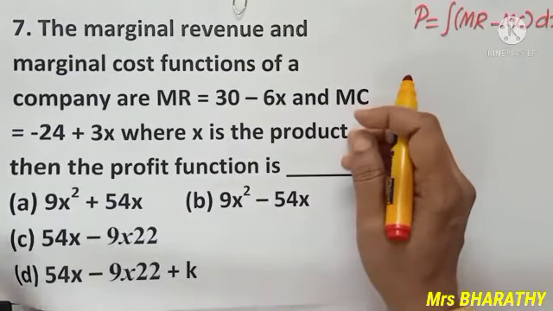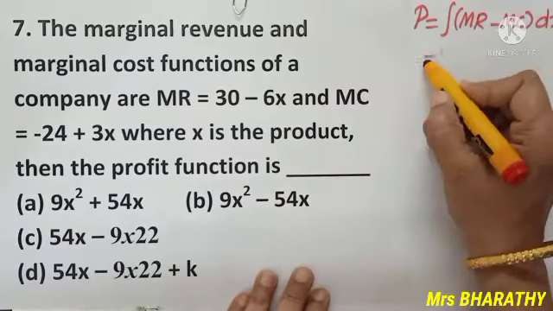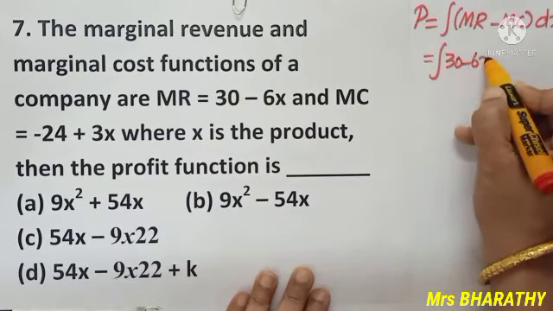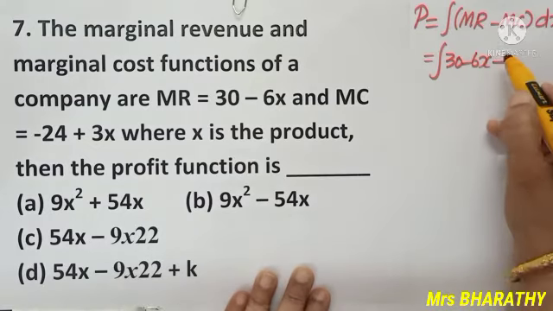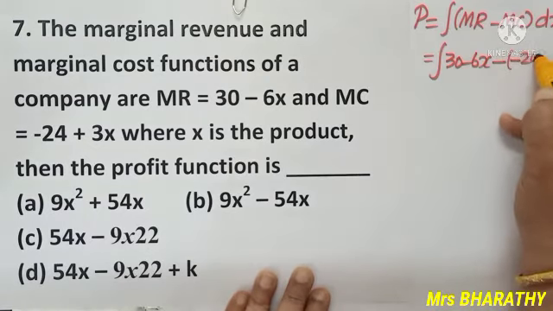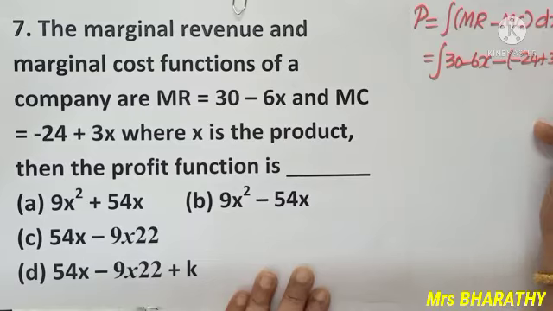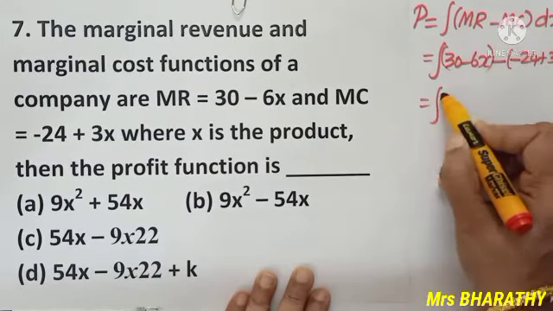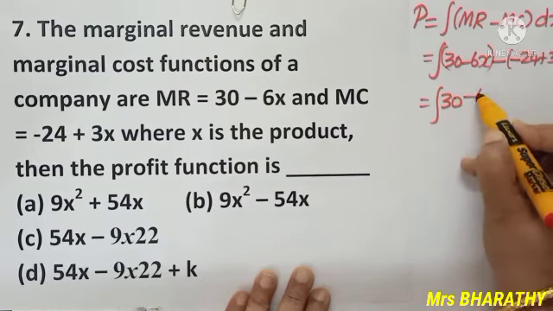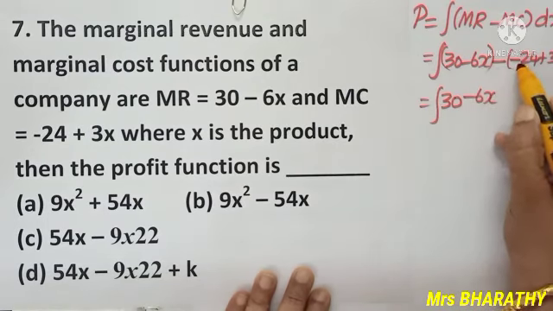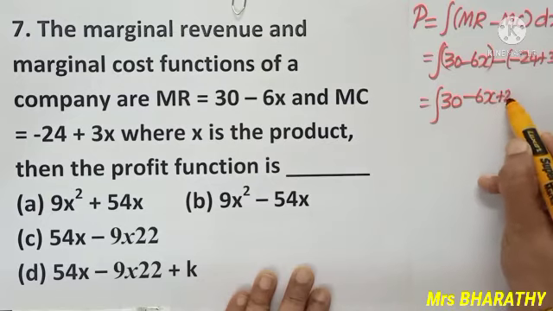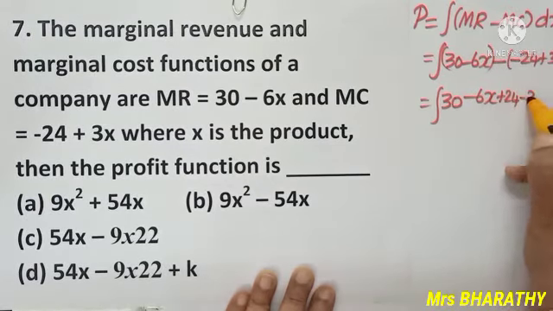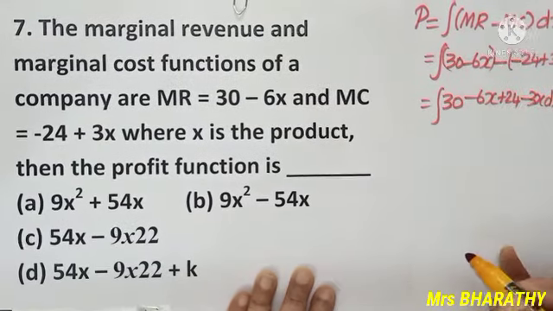As we substitute, integral MR is 30 minus 6x. MC is minus 24 plus 3x dx. As we simplify, 30 minus 6x minus of minus 24 is plus 24. Plus 3x will become minus 3x dx.